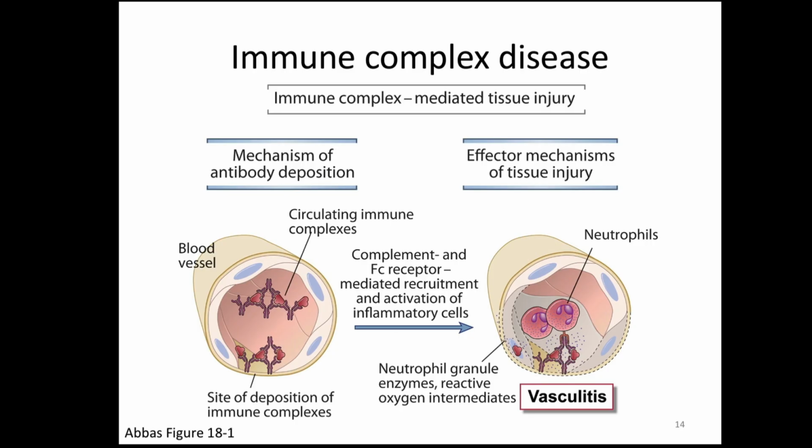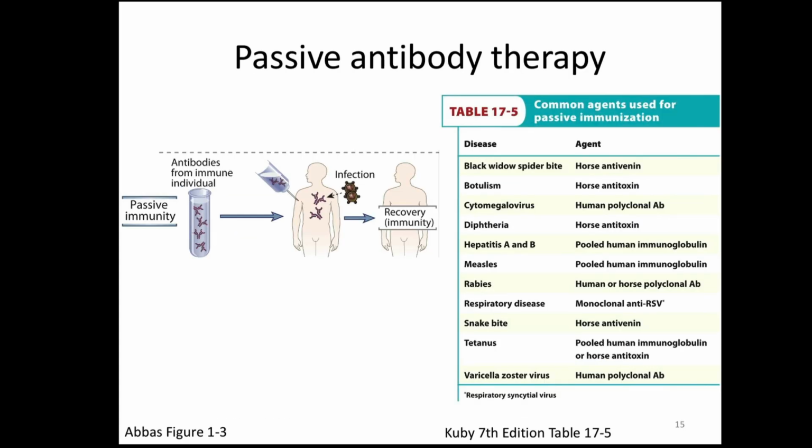And the very famous hypersensitivity reaction example of immune complexes is something called passive antibody therapy. We've talked a little bit about passive antibody therapy before, but there is one piece of it we didn't think about that we need to think about now. We talked about this when we talked about antibodies way back earlier in the semester.